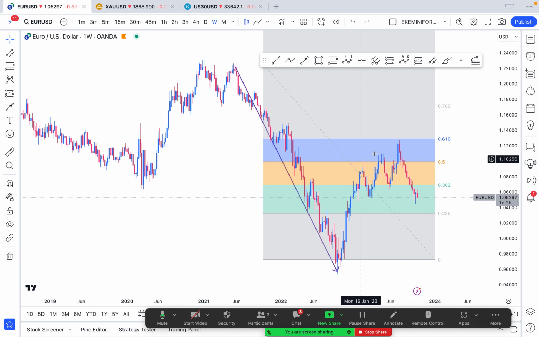Gentlemen, pay attention. This is interesting. From the 618 level, we've been able to see that this market bounced from 618. That means there is a likelihood that the market will continue falling because the wave is too strong. Please don't go against the wave.